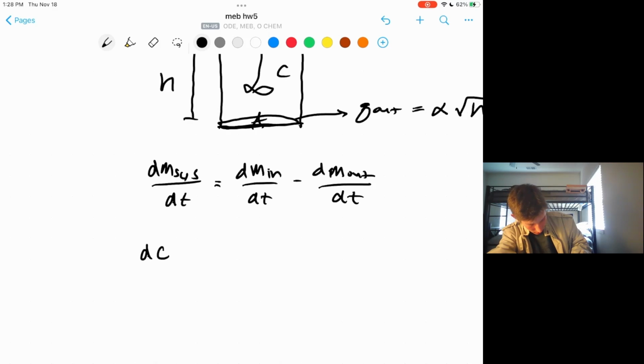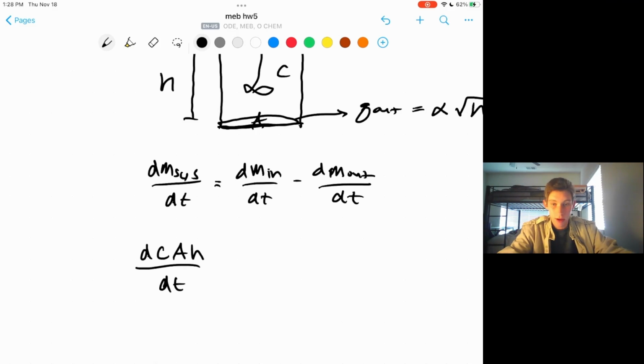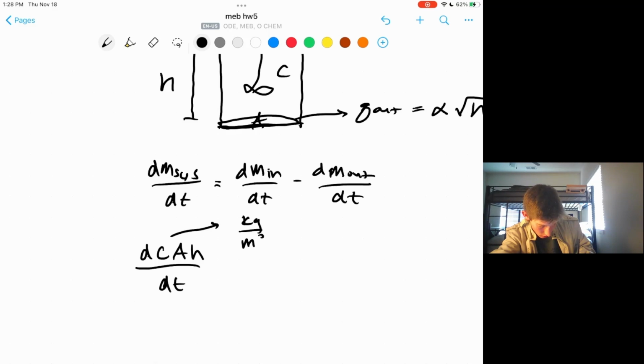So this works in place of mass because the units end up canceling out, so then we're left still with just kilograms, because the units for concentration are kilogram per meter cubed. That's what we're given with the initial values.